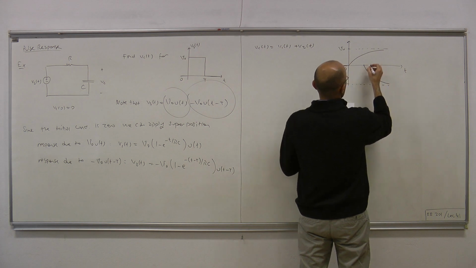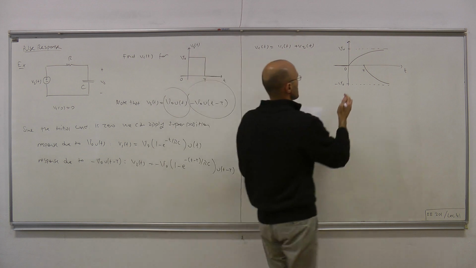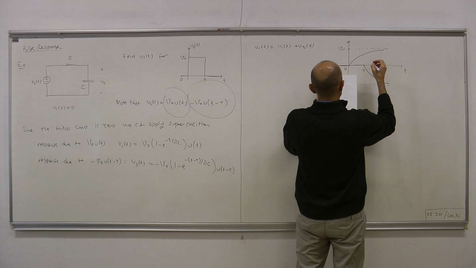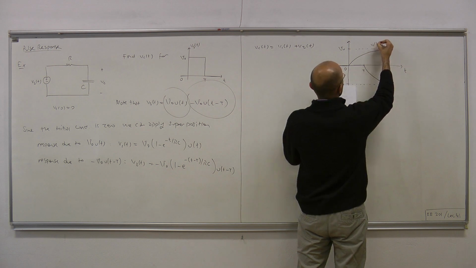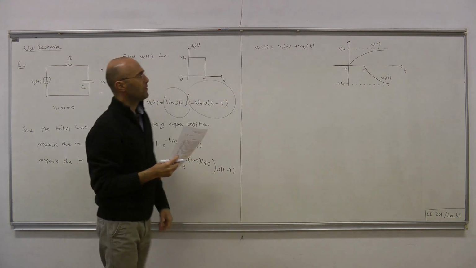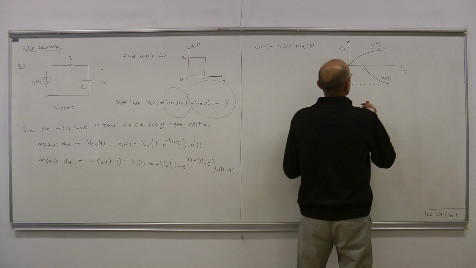And this is t. So this is V1 of t, and this is V2 of t. Then if you sum those two waveforms, what you obtain is the following.